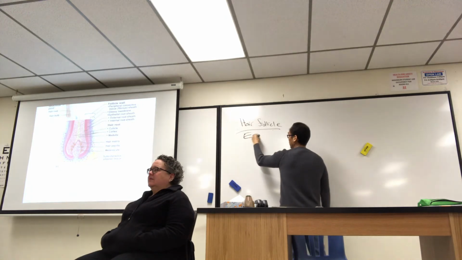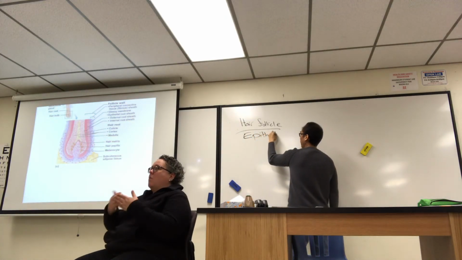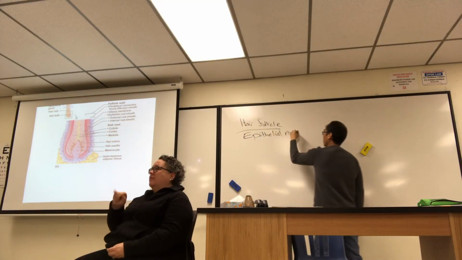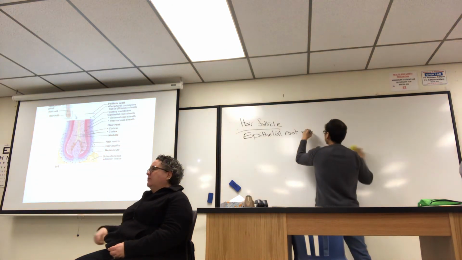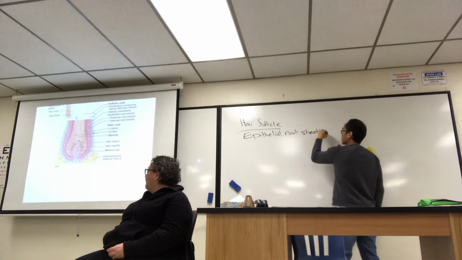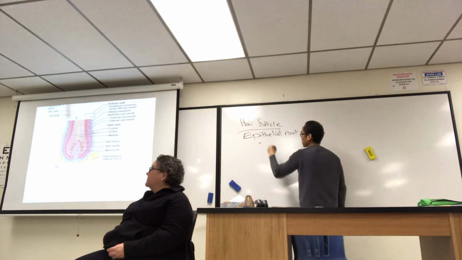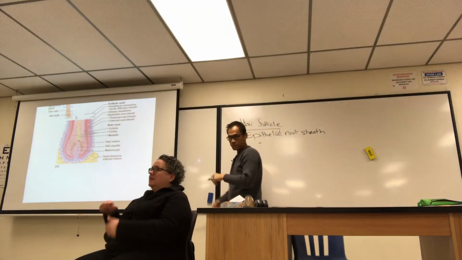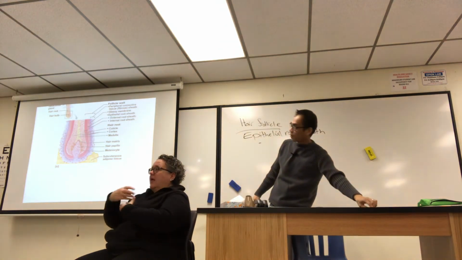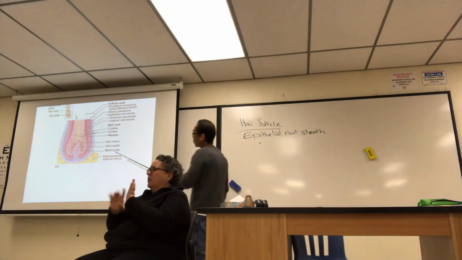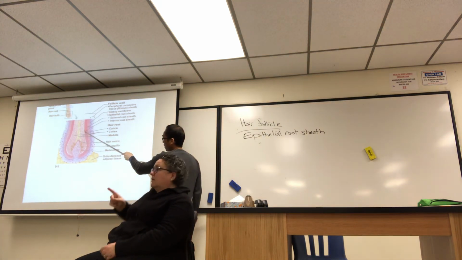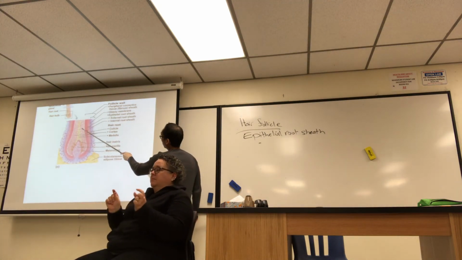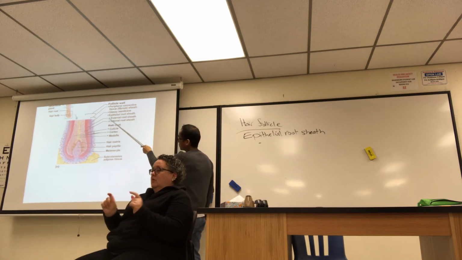The whole thing is called epithelial root sheath. It's subdivided into internal and external. So I know it's hard to see in the figure. Let me point it out. It's pointing to this one right there and right there, these two, the internal and the external. And they're both called epithelial root sheath, these terms right there.